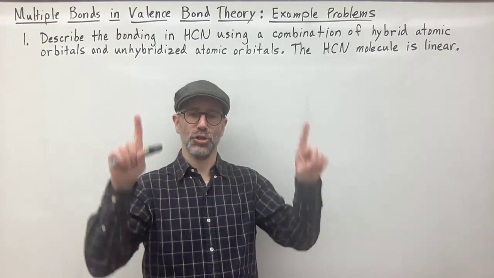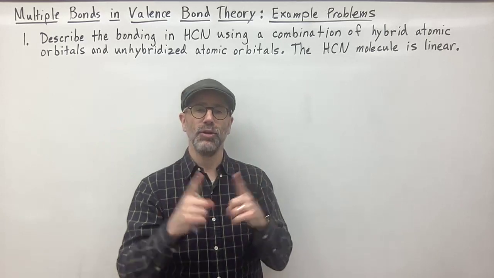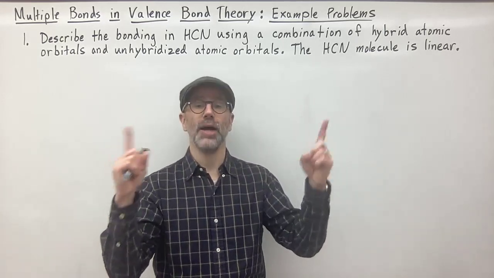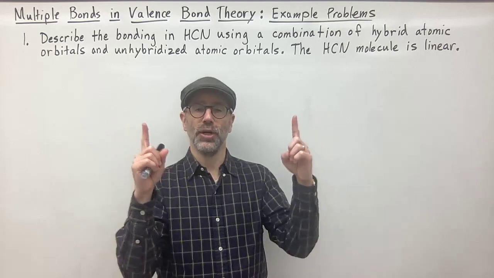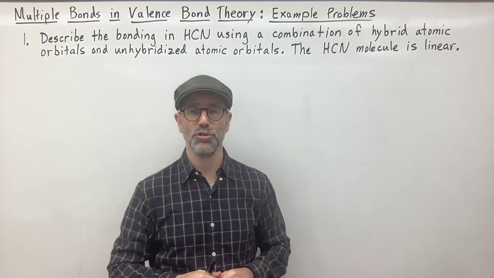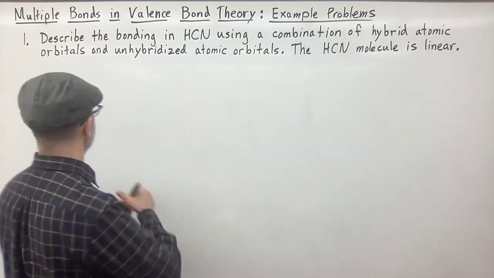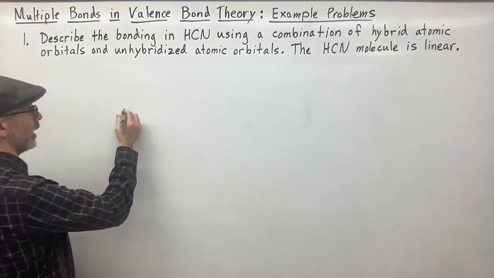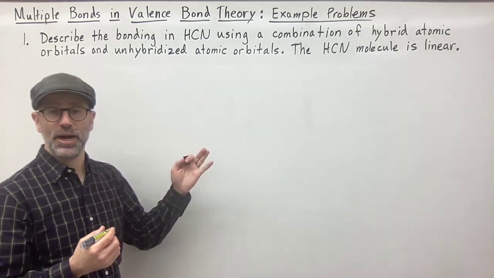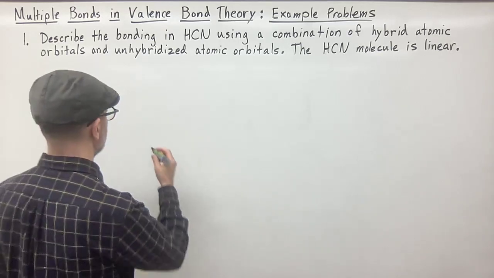You take two unhybridized atomic orbitals, combine them, and get out two hybrid orbitals. So since you have a 1s and 1p, you get two sp hybridized orbitals. And so when we draw the structure, the carbon is going to have two sp hybridized orbitals, and the nitrogen is going to have two sp hybridized orbitals.